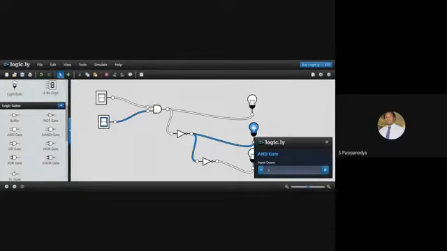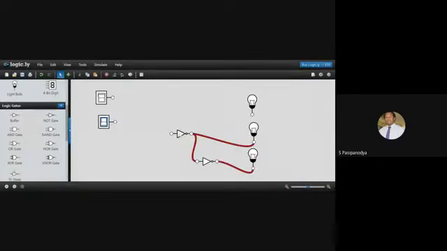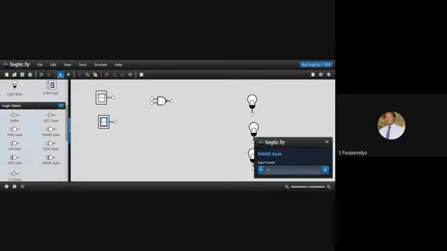Right. Let us now move on to the other gates. Let us look at the NAND gate, right?